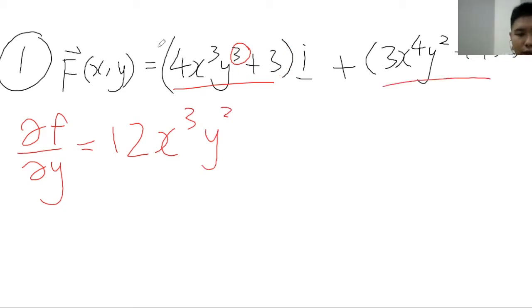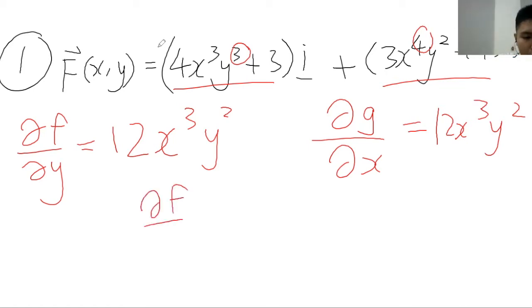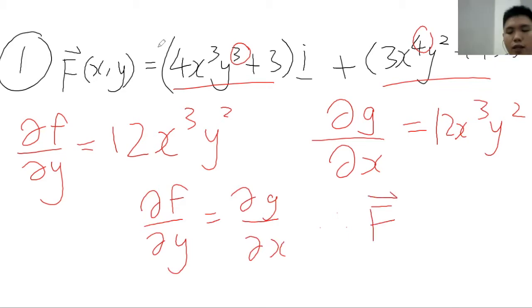Then the opposite part: the partial derivative of g in the y direction, with respect to x. We get 4 times 3, which is 12, x cubed, y squared, and the number differentiates to 0. So this part is equal to this part, and therefore this vector field is conservative. All right, cool.